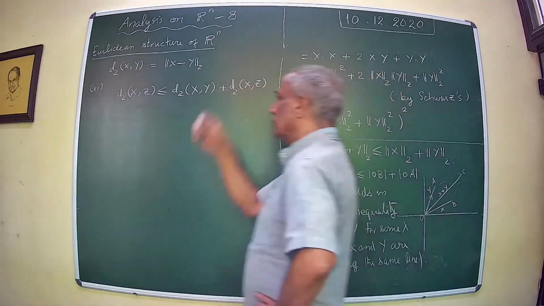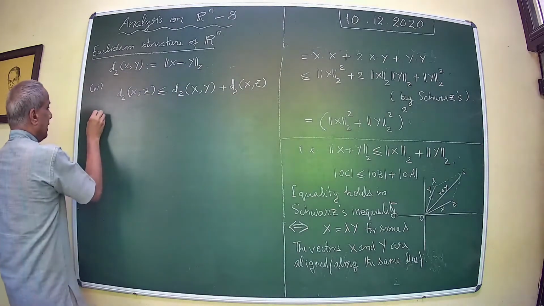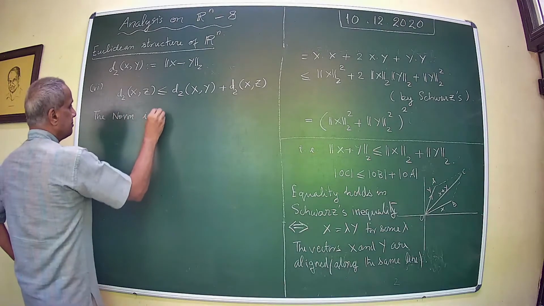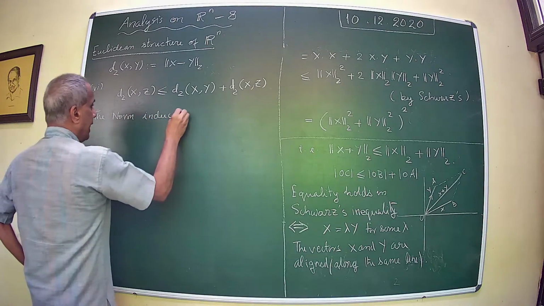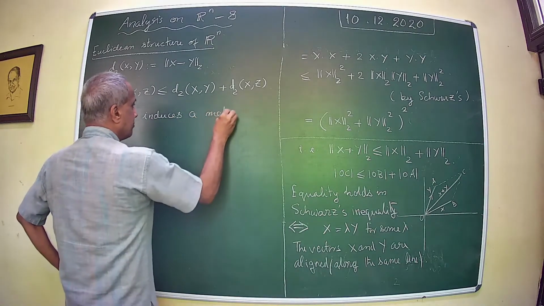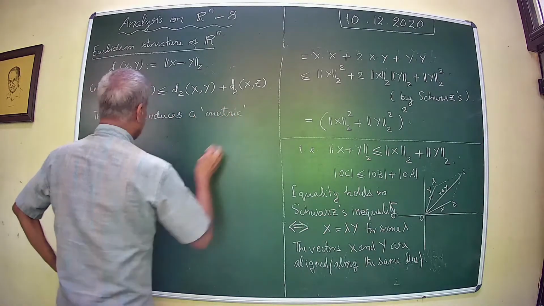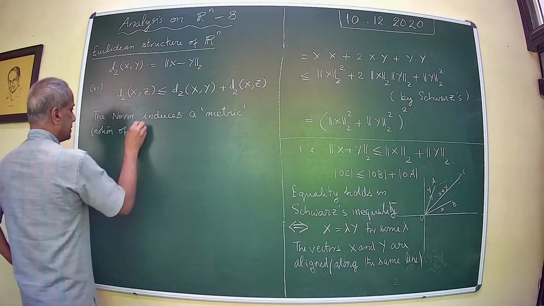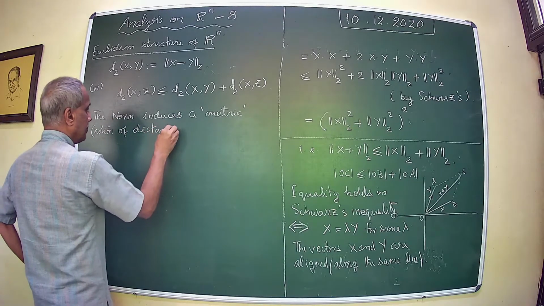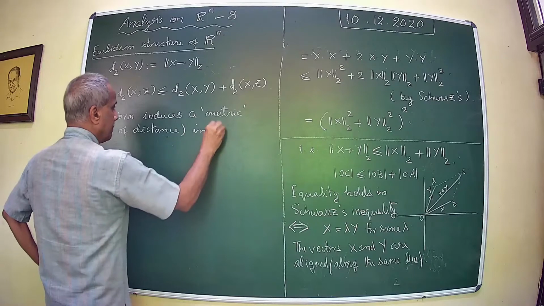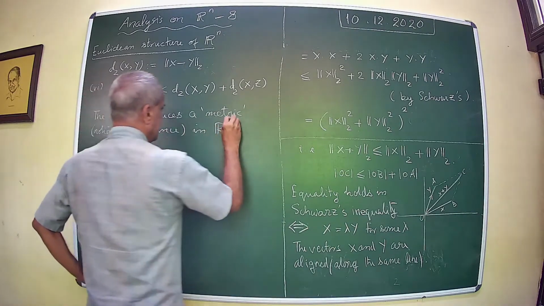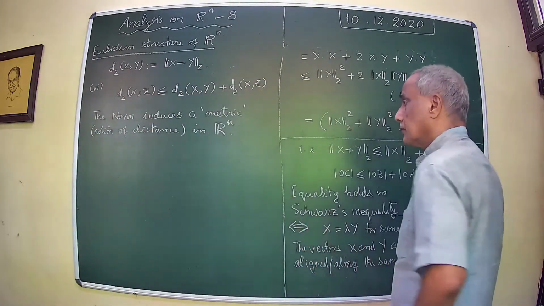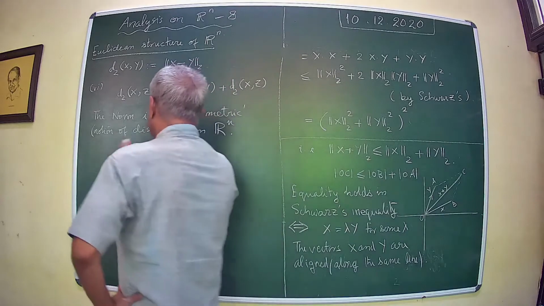Now you see this is called the metric. So the norm induces a metric, a distance, in Rn, and let us prove that this is a distance actually.